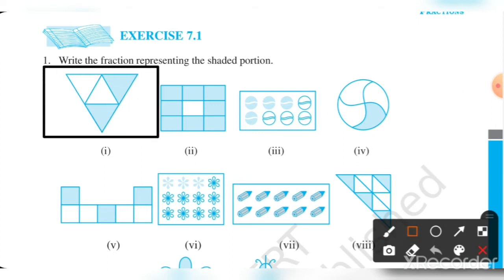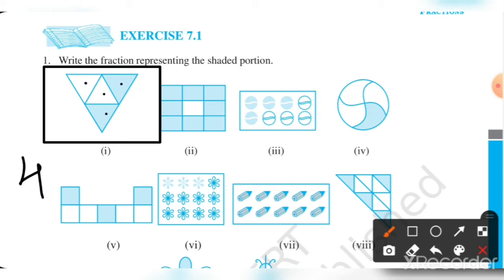Total parts in this figure are 1, 2, 3, 4. 4 parts are there. Out of 4, how many parts are shaded? 1 and 2. So you can write 2/4.